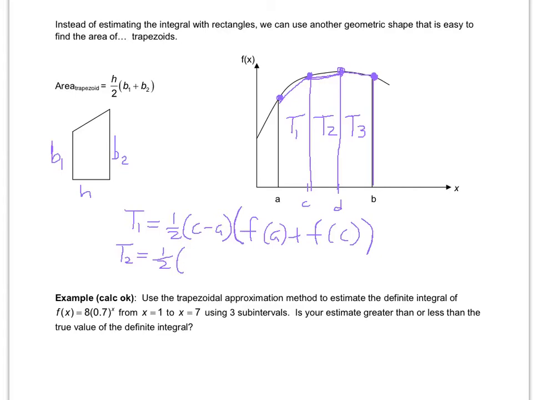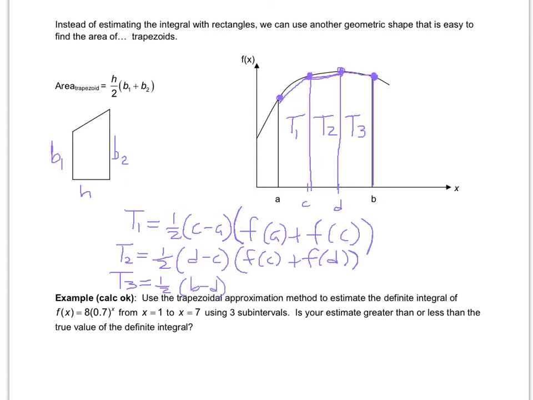The height of the trapezoid in this case would be D minus C. And you would use the base 1, which would be f of C, and the base 2, which would be f of D. And then your third trapezoid, you would do 1/2 the height of the trapezoid, which is going to be B minus D.